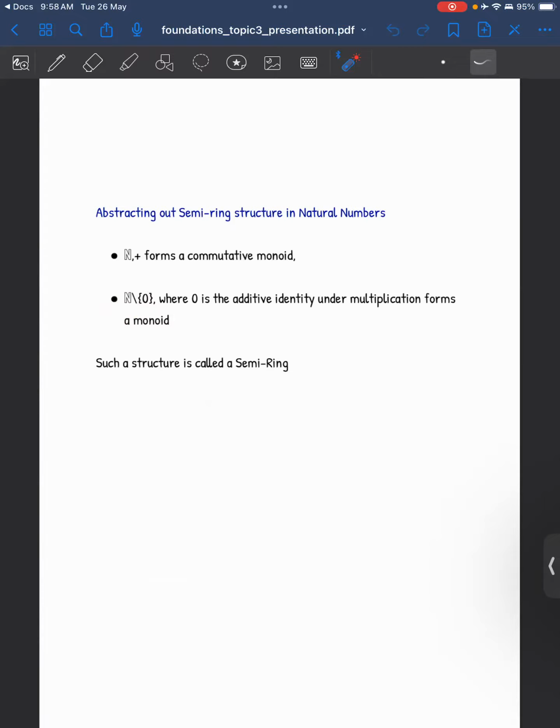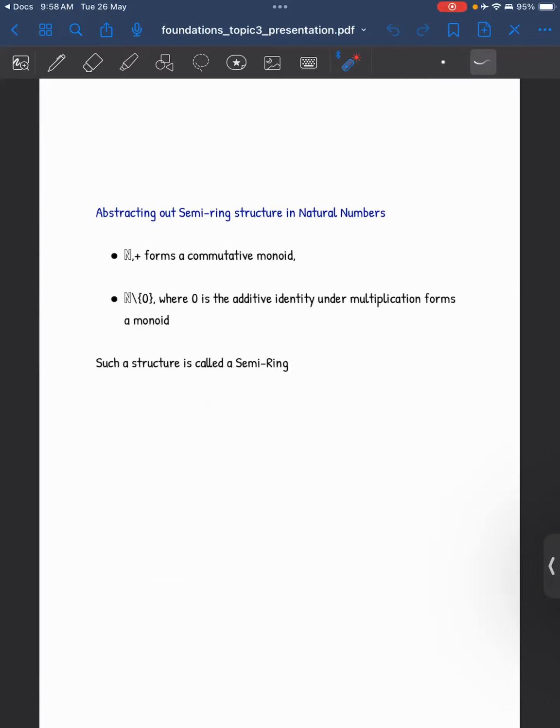And naturally, the multiplication distributes over addition over natural numbers. So, has this structure been abstracted out and studied? Yes, this has been studied, and the structure is called a semi-ring. We will not develop it further here because for everything that follows in this set of videos, the ring is the right level of abstraction.